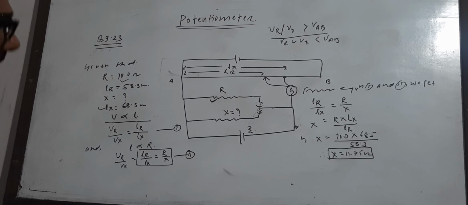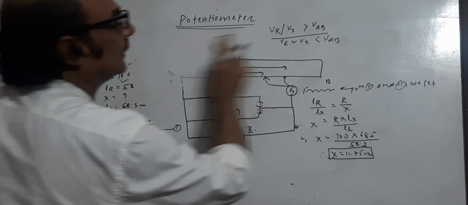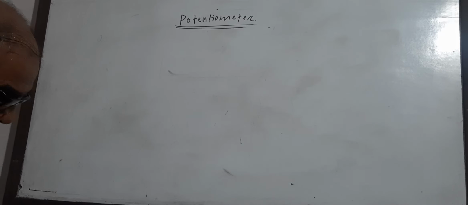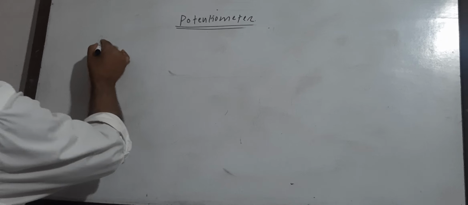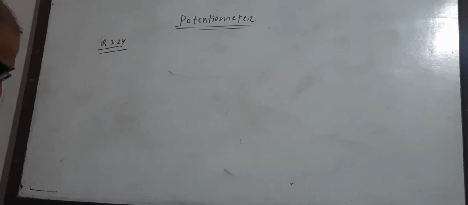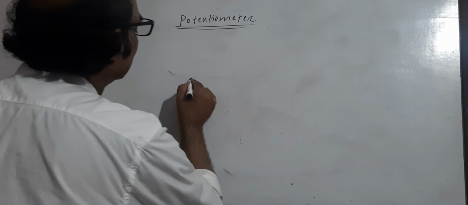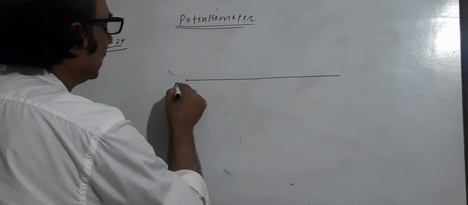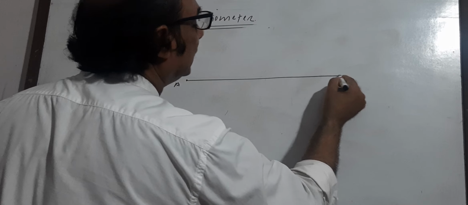Now come to question 3.24. This one is the last question. Simply draw the wire of the potentiometer AB.